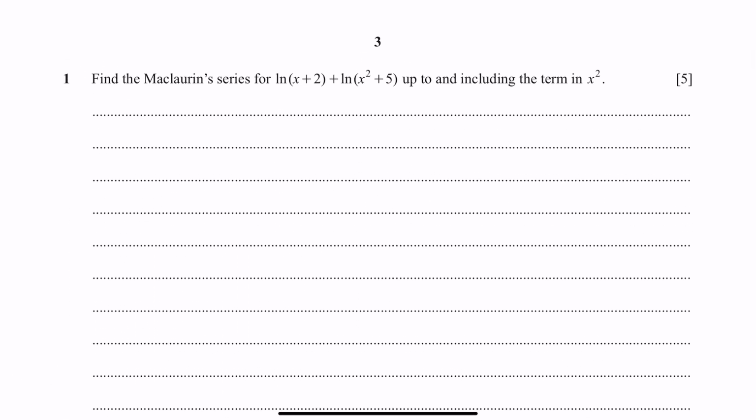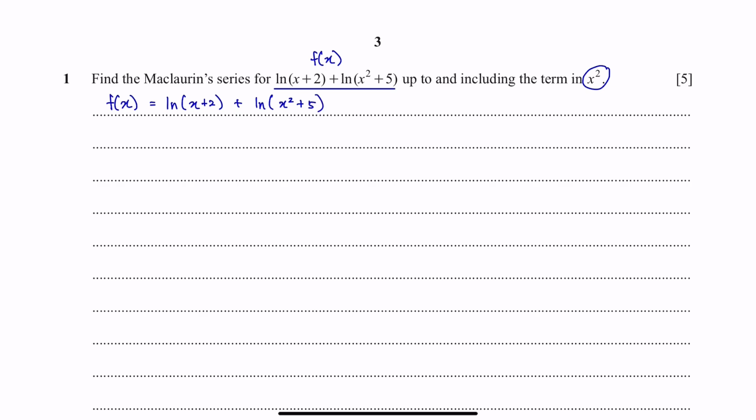First question is about Maclaurin series. So we need to include the term x squared. So this will be our f(x). Let me write it down. f(x) equals ln(x plus 2) plus ln(x squared plus 5).